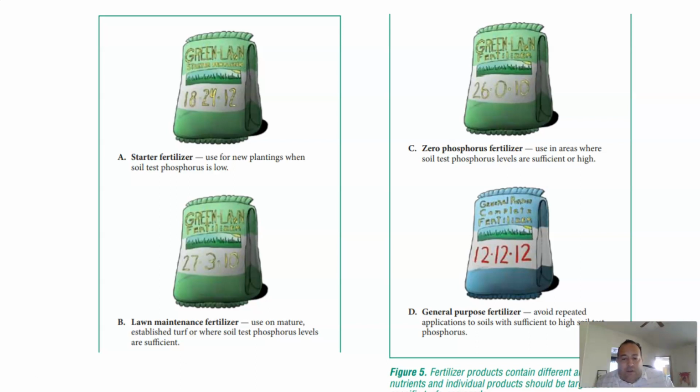And if you just want a general fertilizer, you'll see something like 10-10-10 or 12-12-12, where it's a little bit of everything. It's really general purpose: just give it some fertilizer and see how things go.